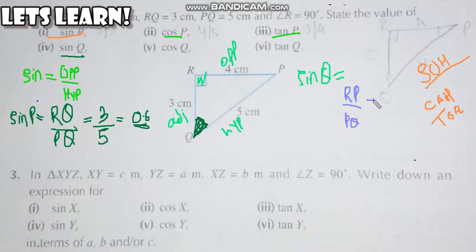So here RP is 4 centimeter, and my PQ is 5 centimeter. So I hope it's clear to you. I can divide the answer further, or I can just keep it in the fraction form, which is equal to 0.8.